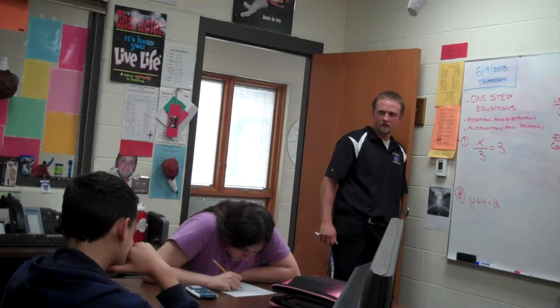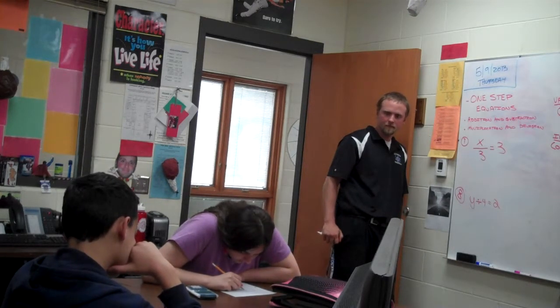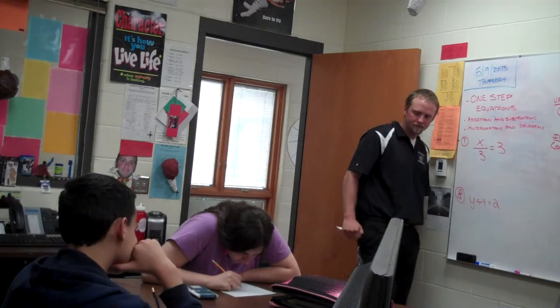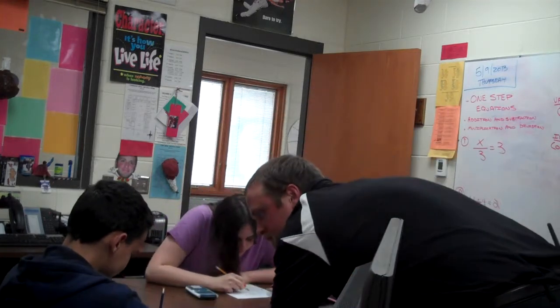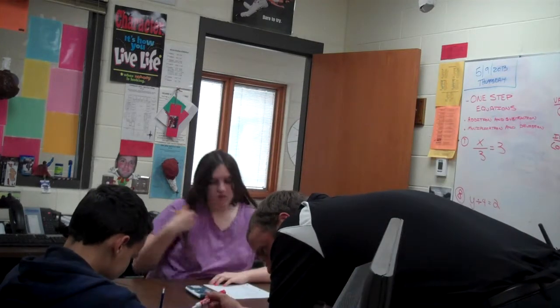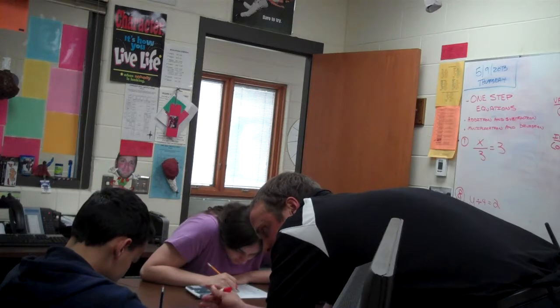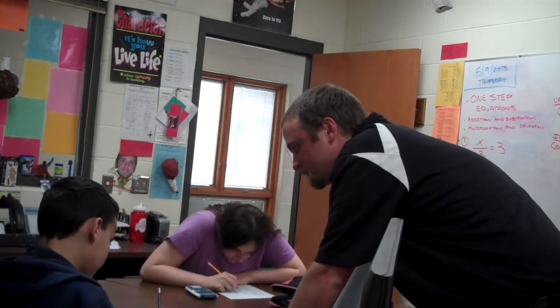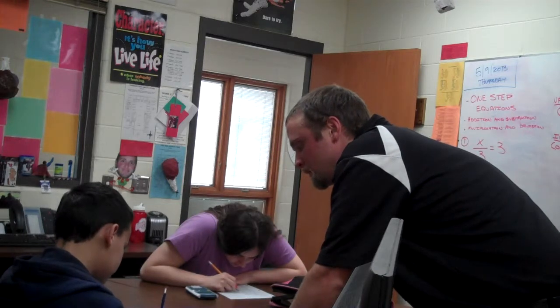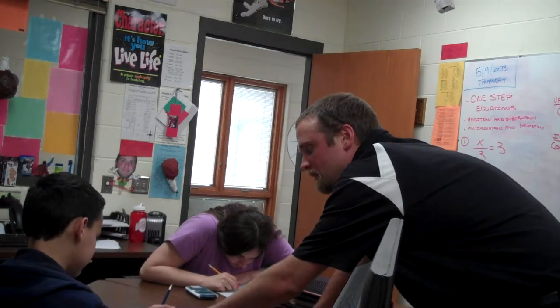Who wants to help me with the first one? Are we still working? So what are you going to do first? Yep, circle your letter, right? So what's with the letter? Mm-hmm. And what type of problem is that?